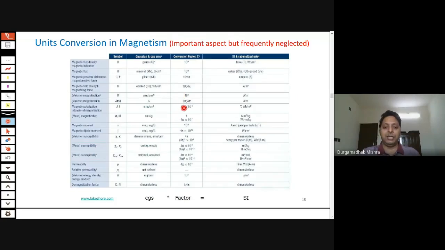There are some complicated factors, 4 pi, always involved. Therefore, you have to be careful when you convert. Whenever exam questions come, be careful about which unit is being asked. It is always good to have this table with you. I always keep this table with me still, and I use it.